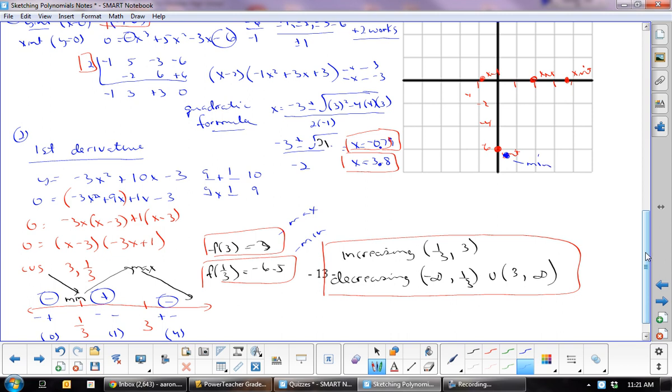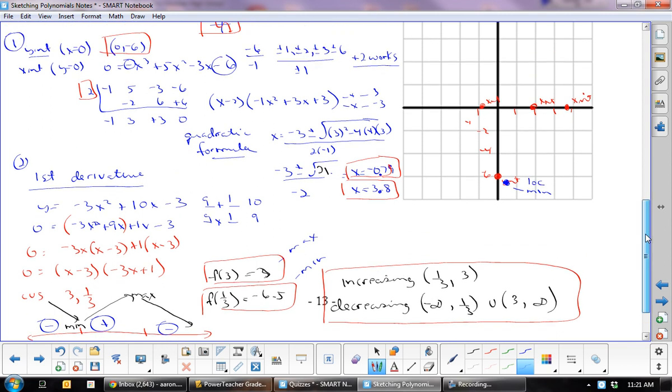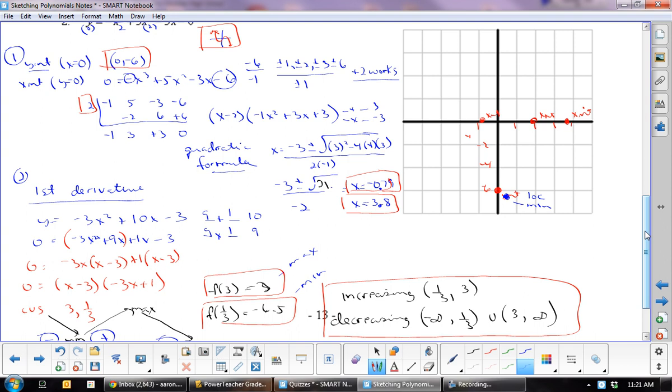Now that's going to be a local, right? My max is at 3, comma 3. Now I'm going by 2's, right? 2, 4, so 3, comma 3. Be about there. Actually, I'll just write max.